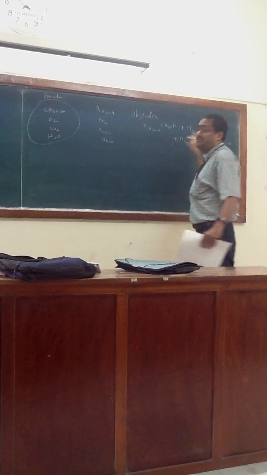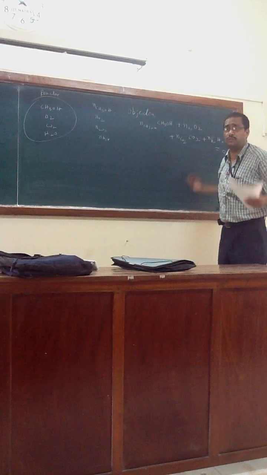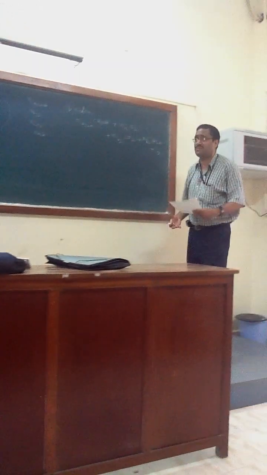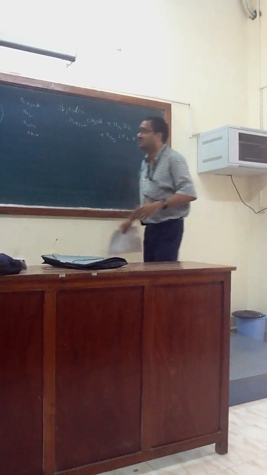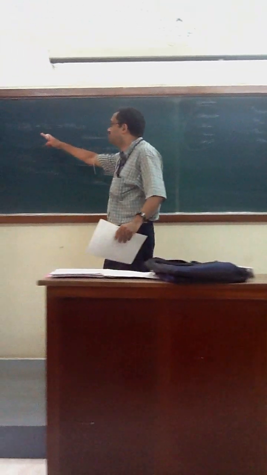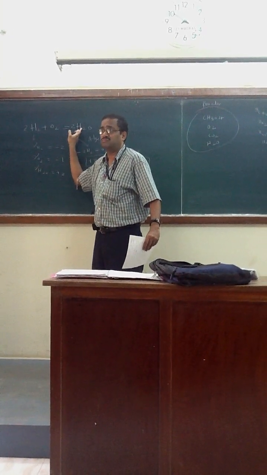This is the algebraic format I am talking about. Some have to be positive, some have to be negative, otherwise you cannot have a chemical reaction. Here n_H2 equals -2, n_O2 is -1, n_H2O is +2.